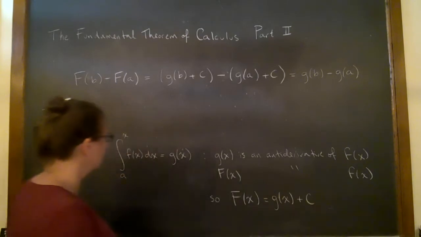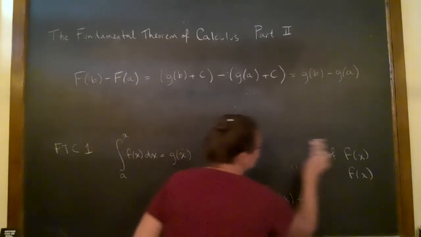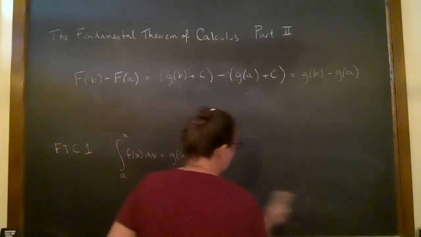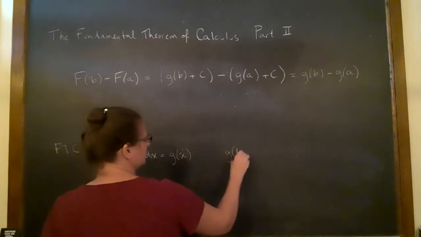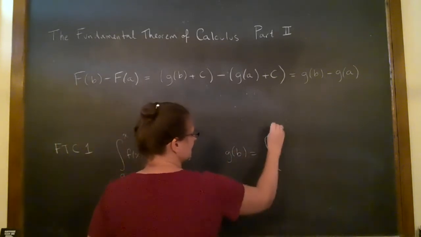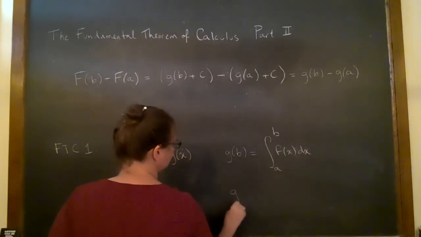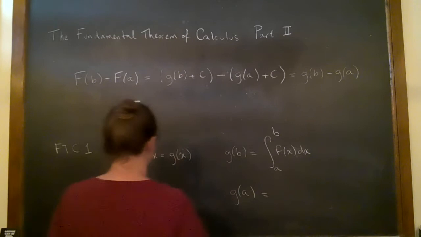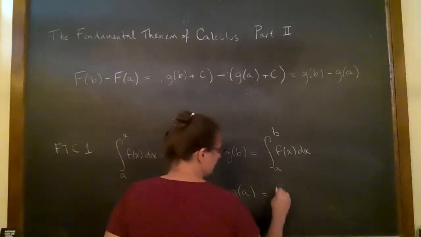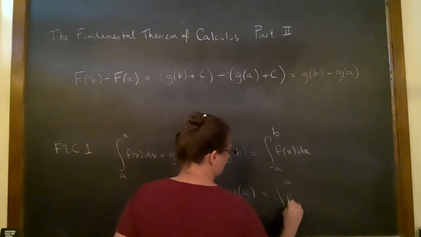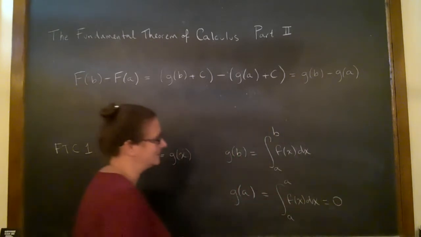Well, if we go to what g of x is, we can figure out g of b and g of a, just plugging it in here. g of b is this. And for g of a, I plug in a, and I have the integral from a to a, but we had said that's an integral that's going nowhere, that's 0.